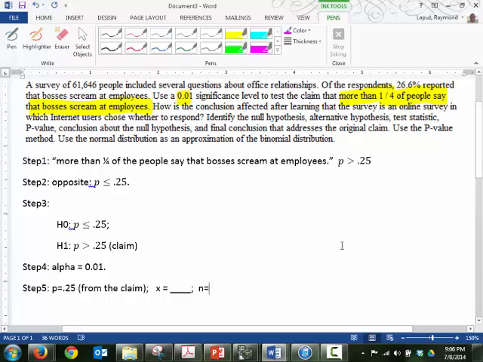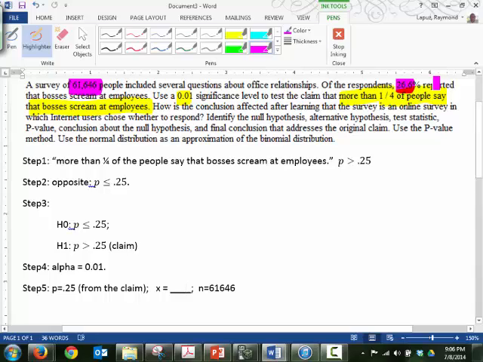N is usually going to be flat out given to you. X may or may not be given to you. Let me tell you now, X is not given to you here explicitly. So what is N? So N is 61,646. We see another value here, 26.6%.